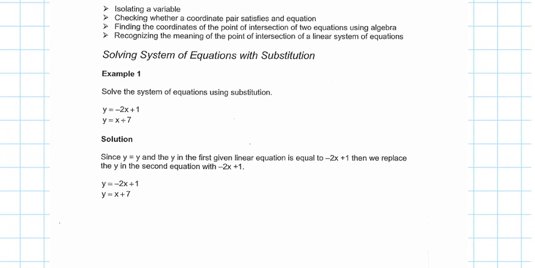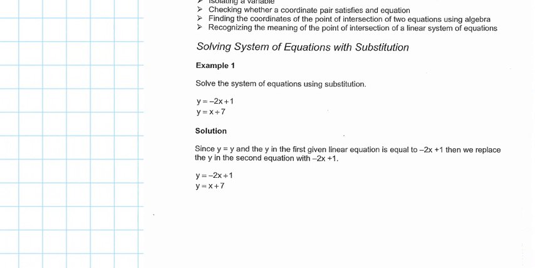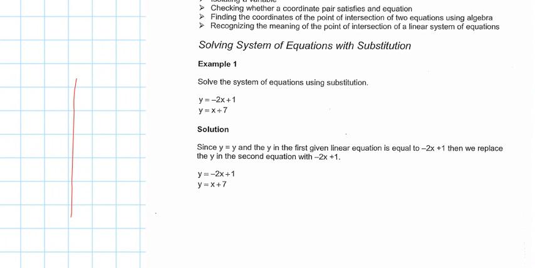I want you to look at something here. So if I'm looking at two lines, and I'm looking at this point of intersection, right? The y value for that point of intersection is the same for both lines, yes?